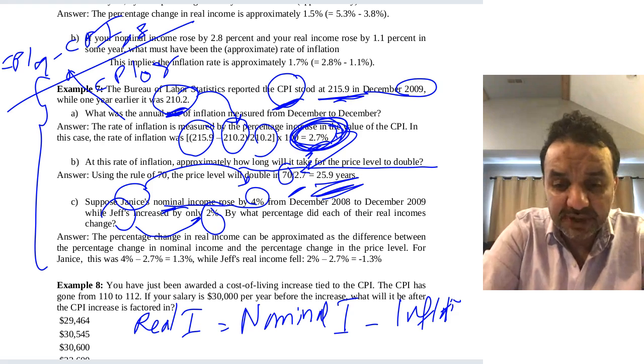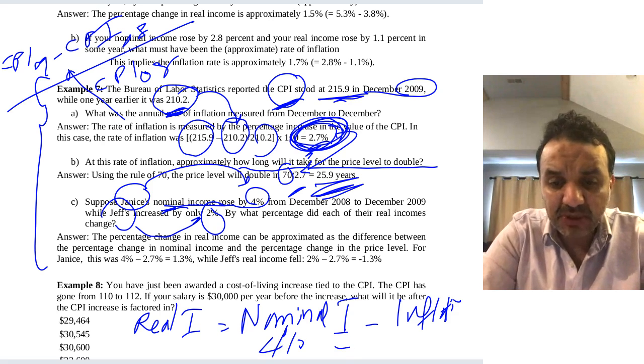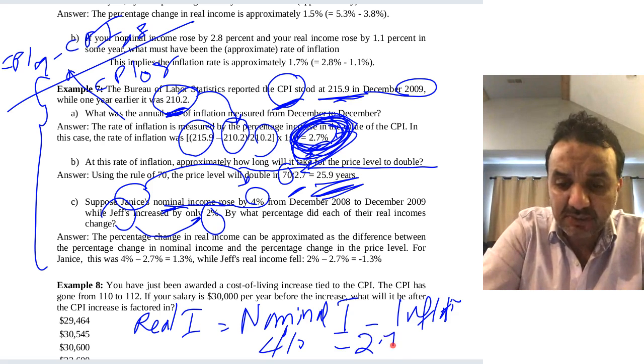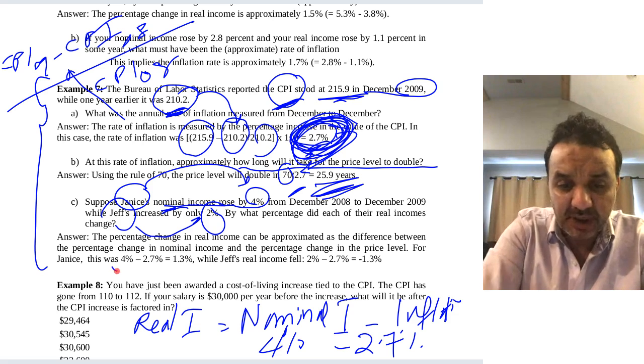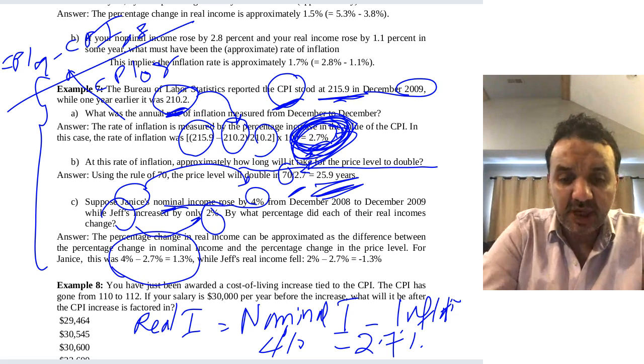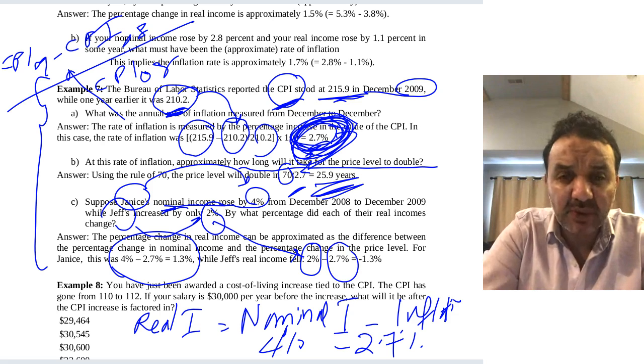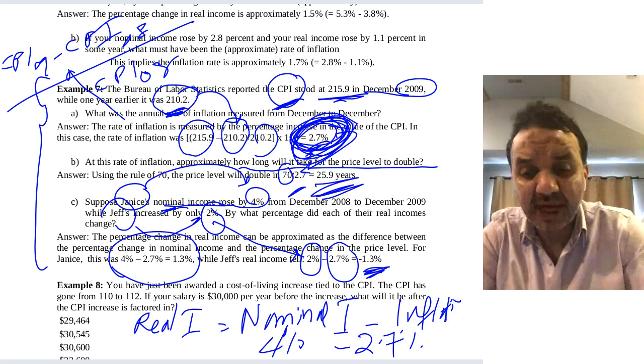For Janice, the nominal income is 4%. What about the inflation? We already got inflation from question A, which is 2.7%, so minus 2.7%. This is what you have here. For Jeff, the nominal was 2%, and the inflation equals 2.7%, so the real income will be negative 1.3%.